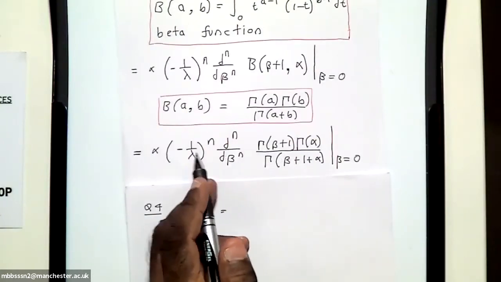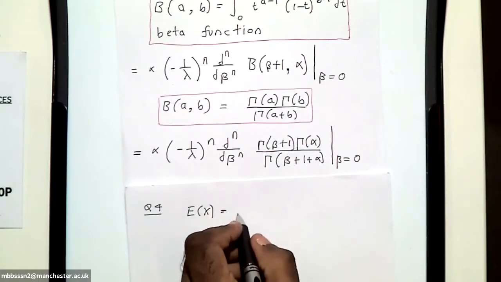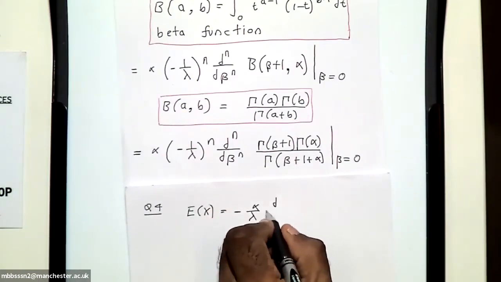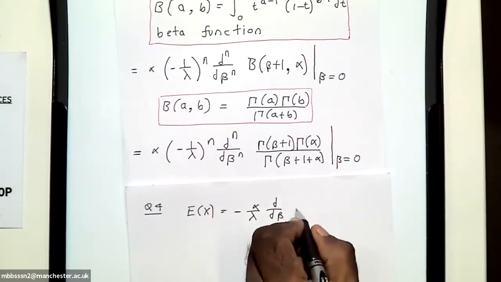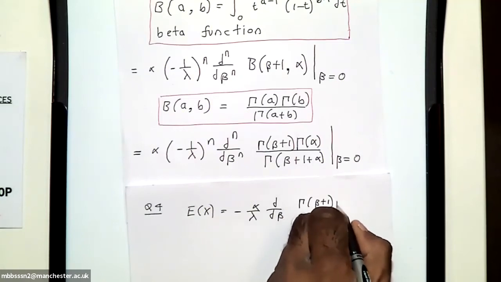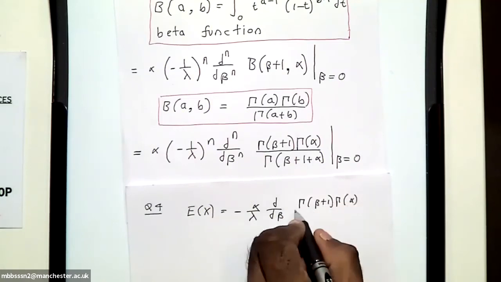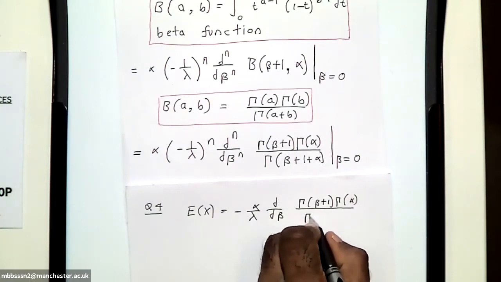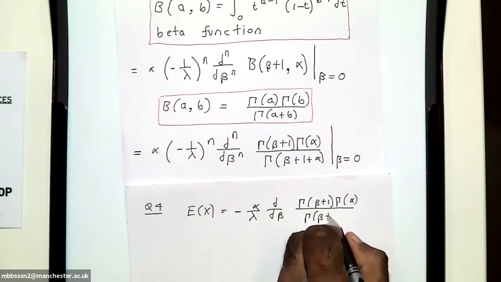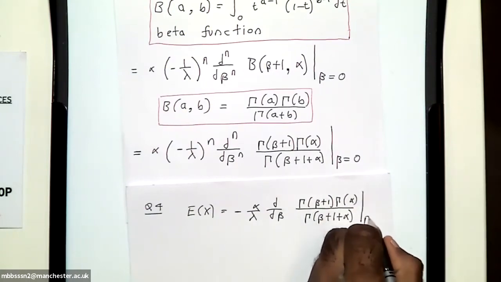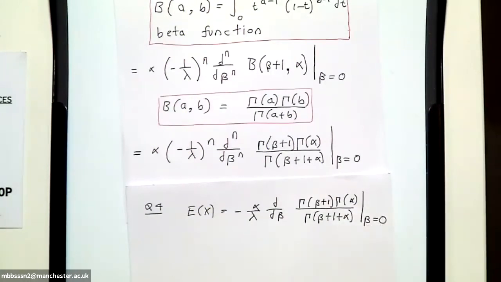So if you put n equal to 1, it becomes alpha over lambda d by d beta of this. Okay, so this is the mean.